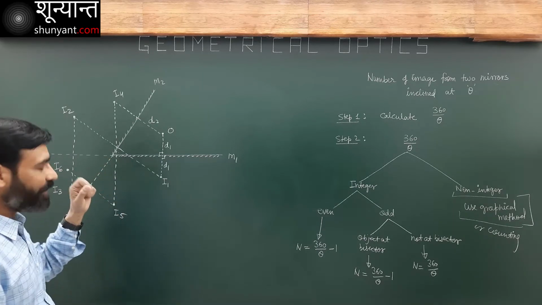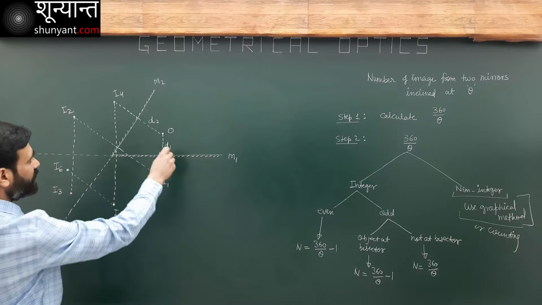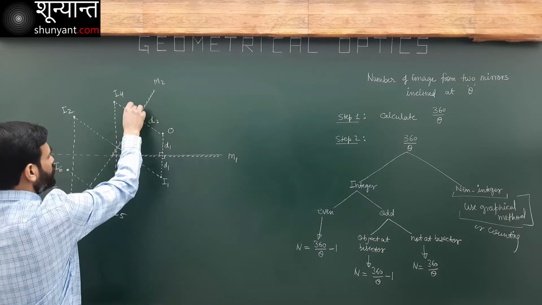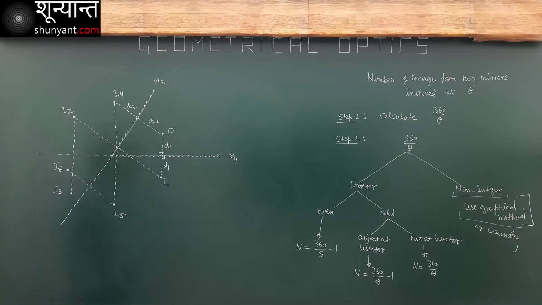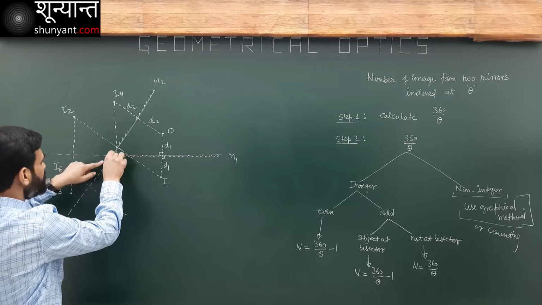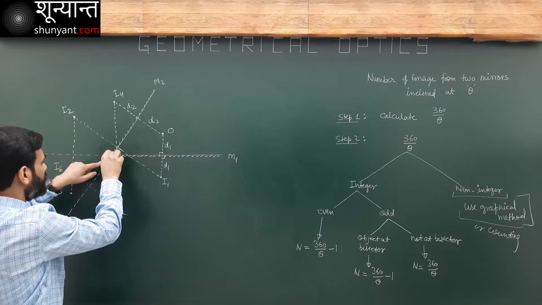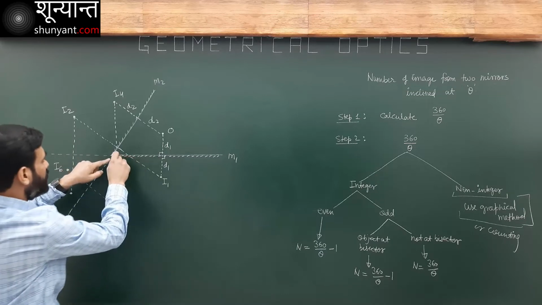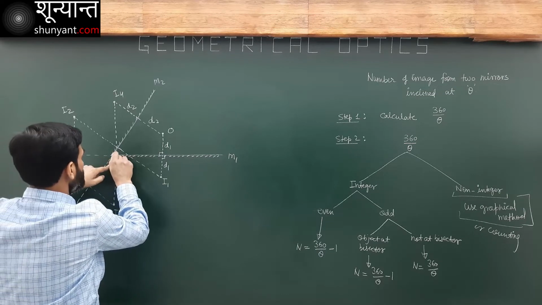Now, a very interesting property. If this is D1, this also is D1. This is D2, this also is D2. Do you understand this? This is the intersection of the mirrors.